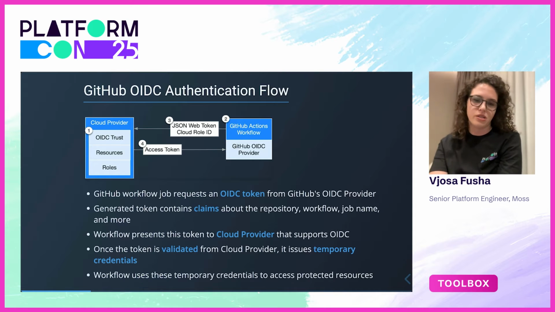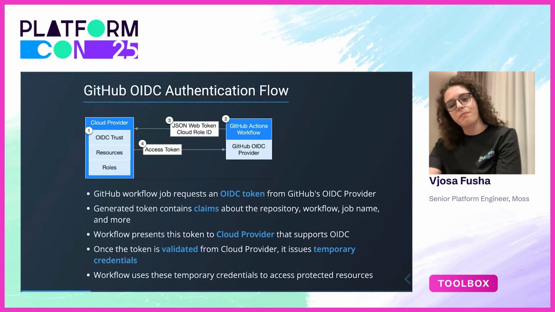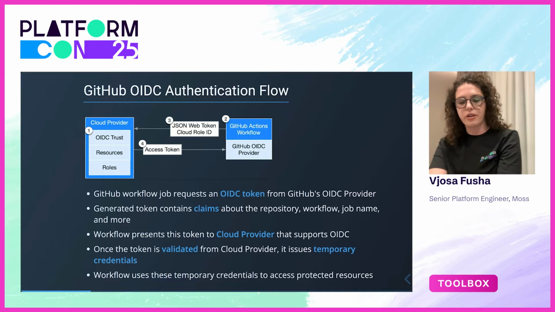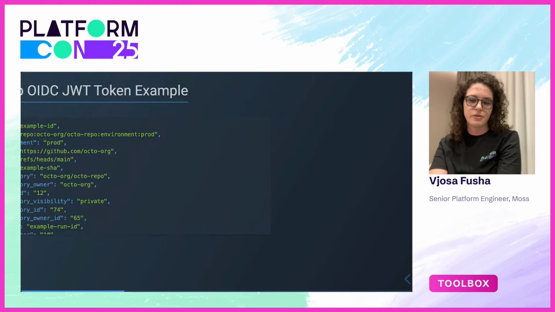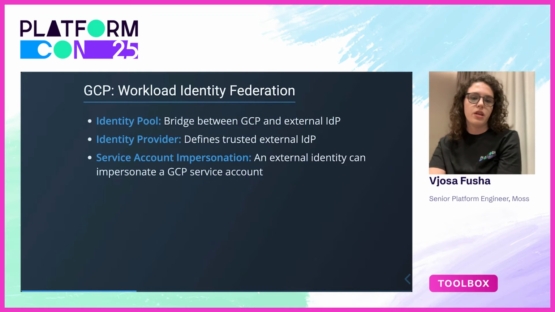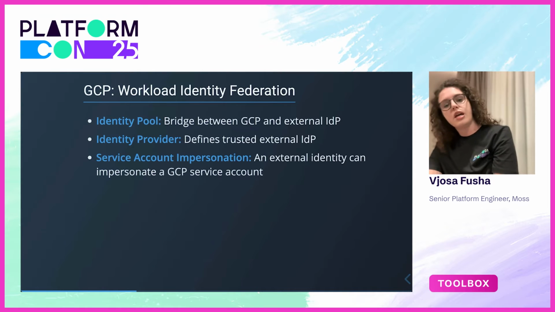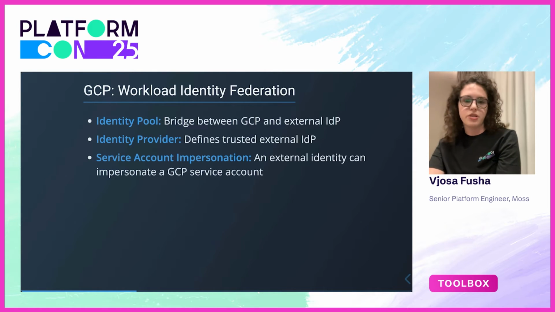And now we're going to see how we can configure this trust on, let's say, GCP in our case. On GCP, we use something called Workload Identity Federation. There are three concepts that I'll be explaining today: the identity pool, identity provider, and the service account impersonation.